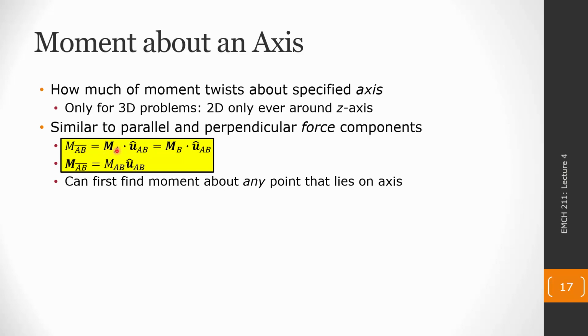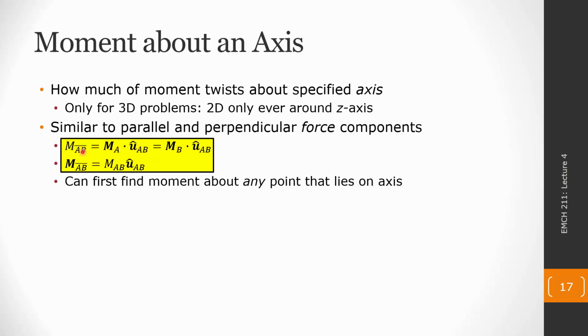For example, point A would obviously lie on the AB axis, or the moment around point B, which also lies on the AB axis. Or it could be any other point on the AB axis. This is just 2 examples. So take the moment around any point on that axis. It's going to be a vector quantity, and then we dot it with the direction of that axis, so the unit vector that points from A to B.